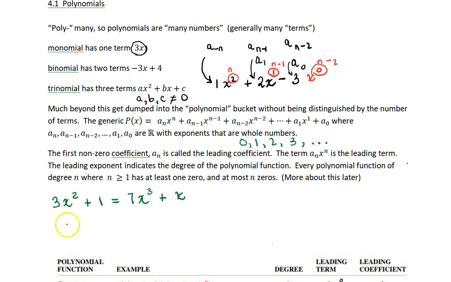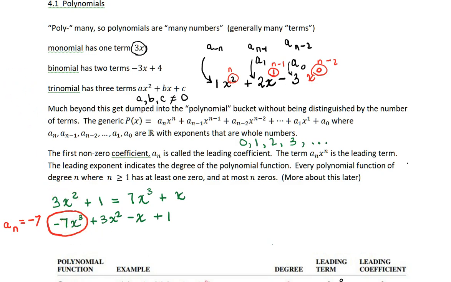So I'm going to have 7x to the third, and that's going to be a negative now. I'm going to have my plus 3x squared, and then that's going to become a negative x, and then this is a positive 1. And so now my leading term is this, and my a sub n on this equals the negative 7.